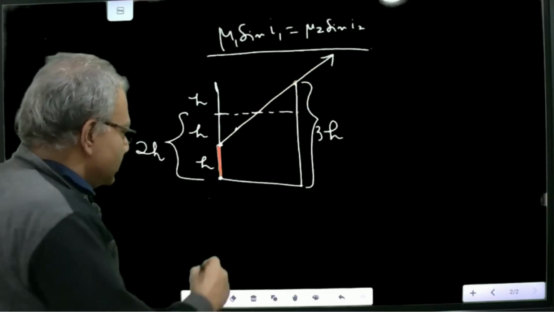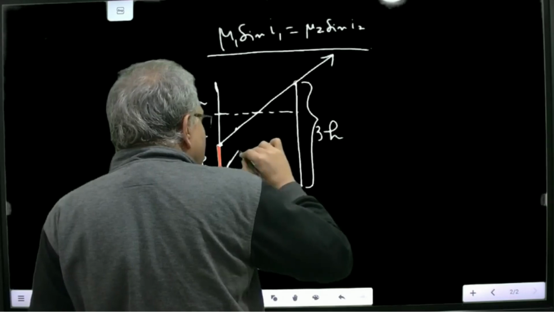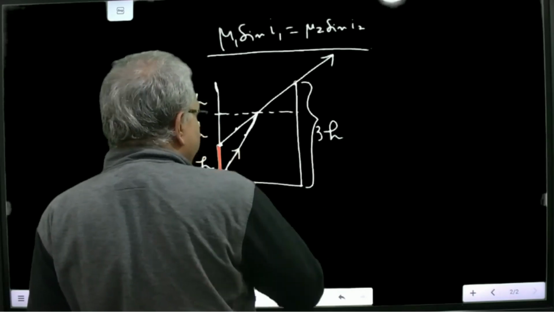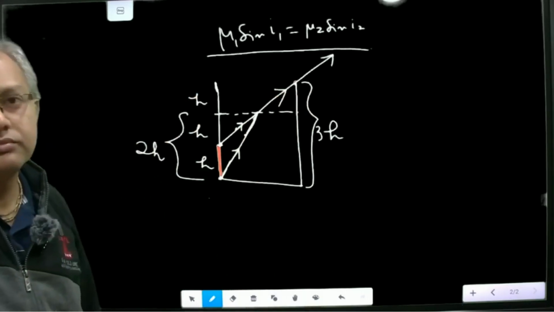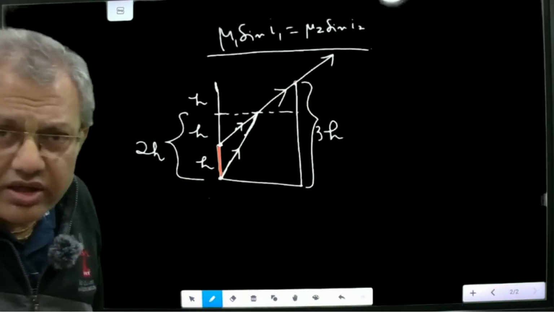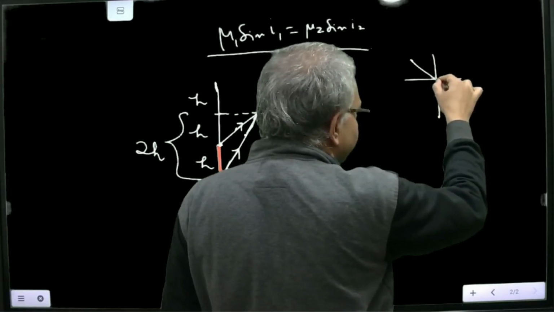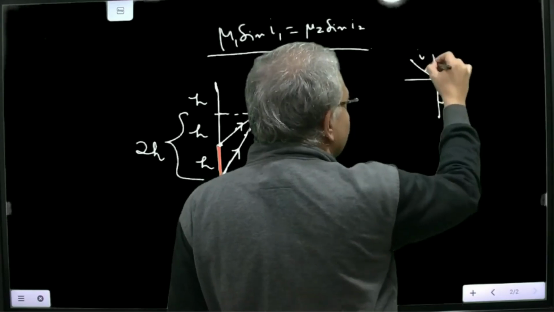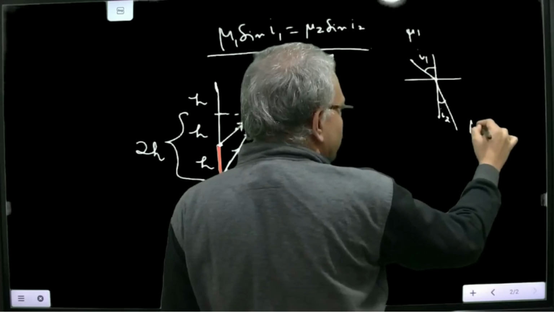So how? From the bottom point the light ray is going to travel like this way, and it is going to bend like this way. Now see, as previously we have discussed, this is I, this is R, suppose this is I1, this is I2, this is mu1, this is mu2.